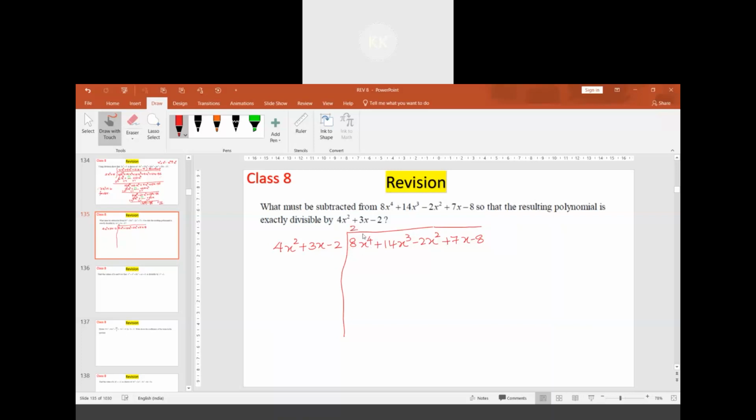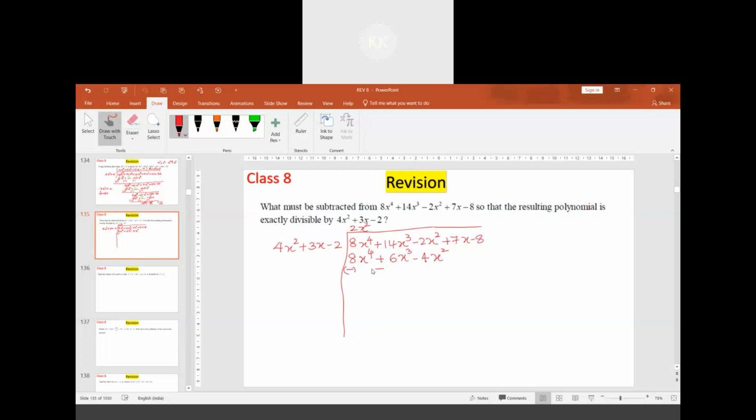To get x to the power 4, we need to consider x square. It becomes 8x to the power 4. Now 2x square multiplied by 3x, we get a cube term. So we can mention here 6 times x cube. Minus 2 multiplied by 2x square will be negative 4x square.